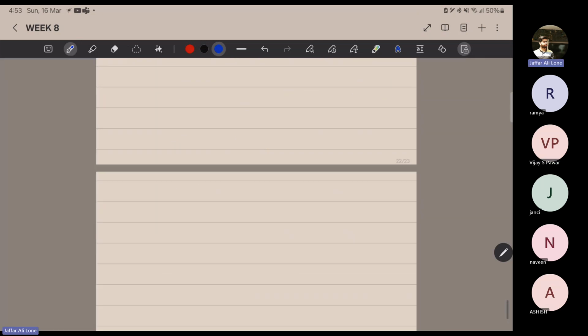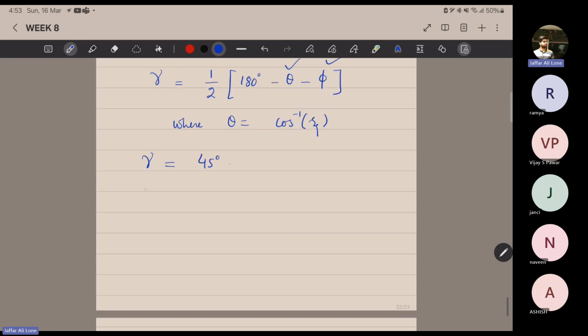Then what you need to find is ZC and PC. ZC's formula is omega n sine of gamma divided by sine of gamma plus theta.